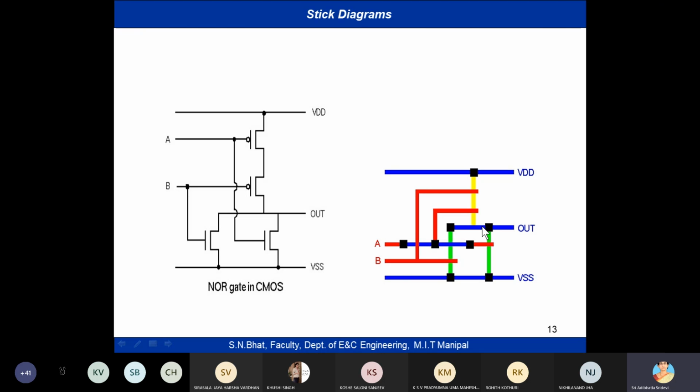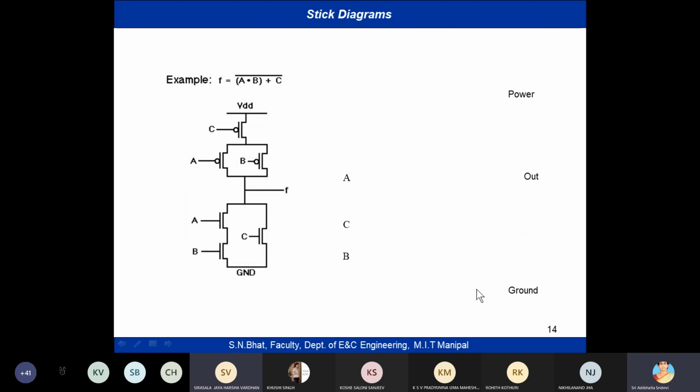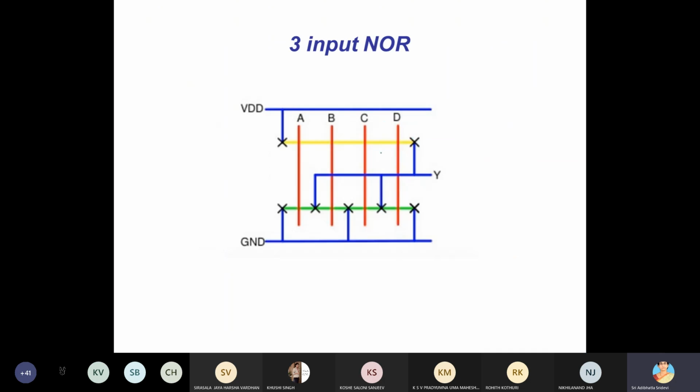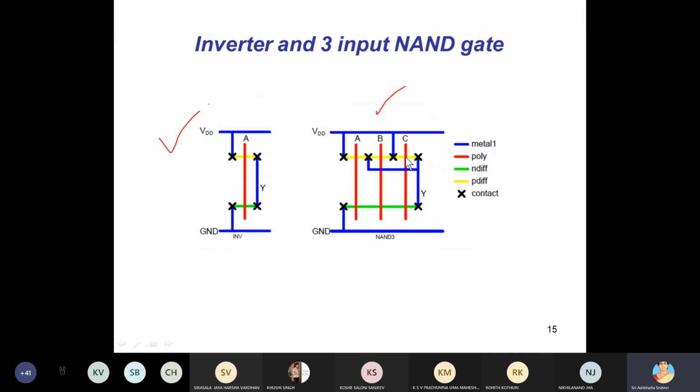You got my point? So the stick diagrams we draw, we will follow this method: P diffusion and N diffusion horizontal, polysilicon vertical.